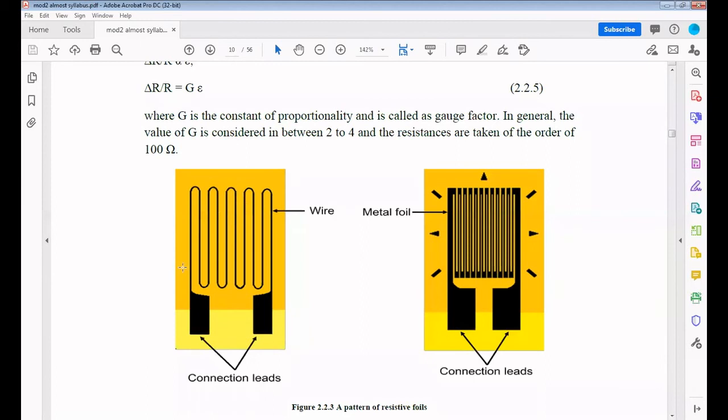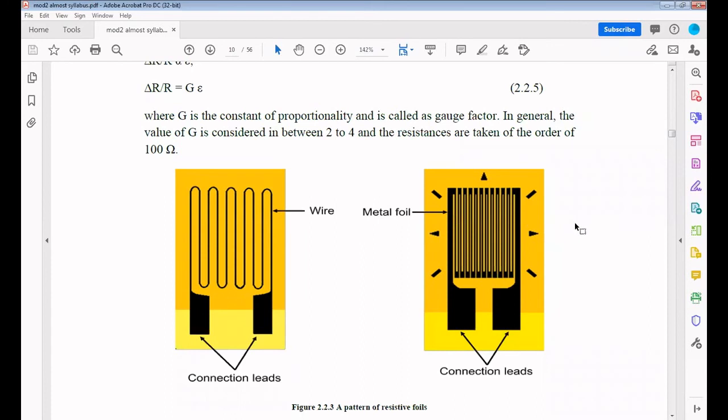If we apply stress on this particular material, what will happen? Like this, the length of the material will be compressed, which means it decreases. Here the length is very high, and here the length is very small.